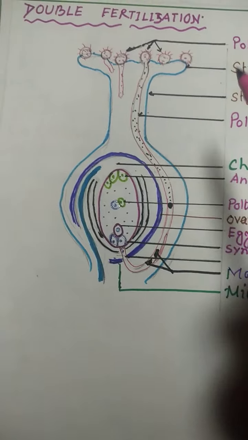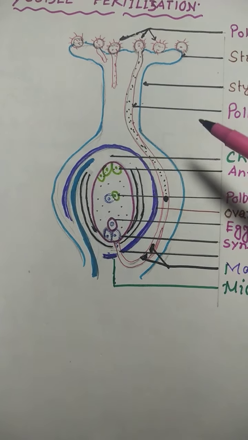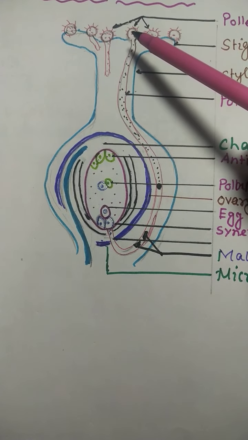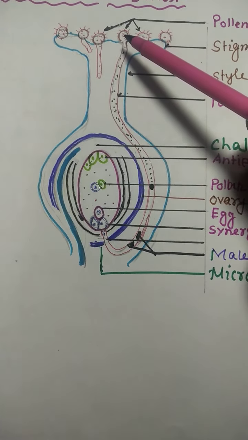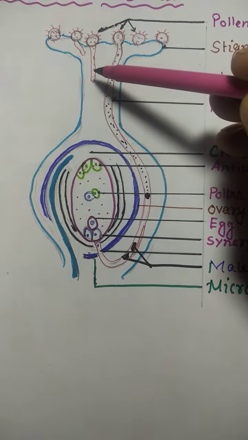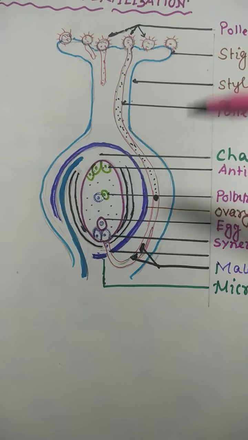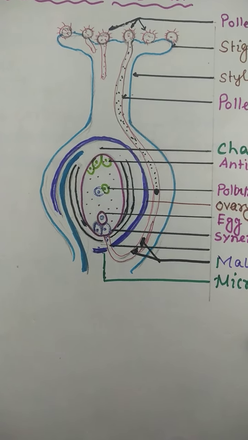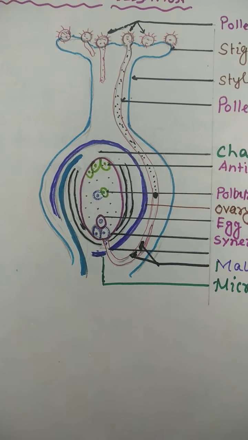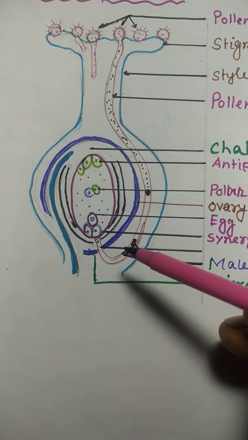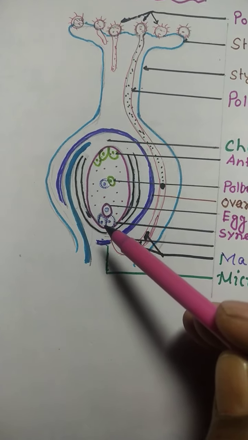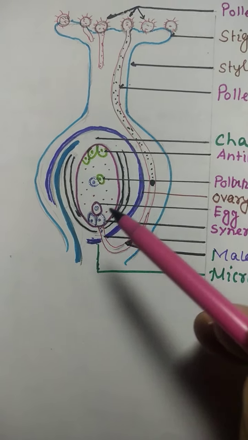In certain plants, pollen grains are shed at the two-cell stage. Within the pollen grain there are two cells: one is the vegetative or tube nucleus, present at the growing tip of the pollen tube, and the other is the generative nucleus. When the pollen tube reaches the ovule, the tube nucleus degenerates.